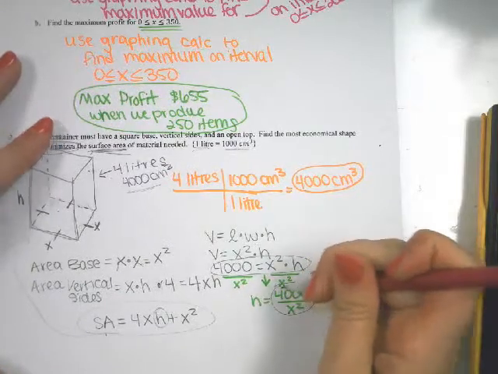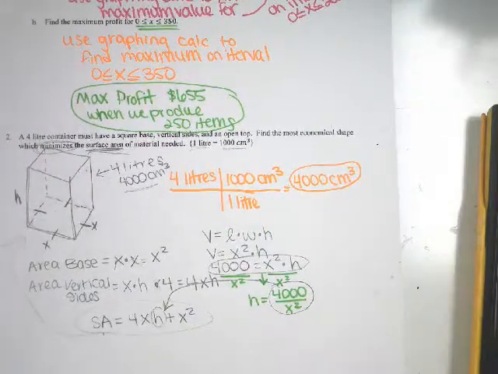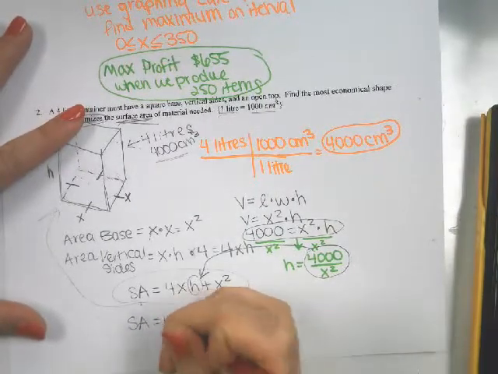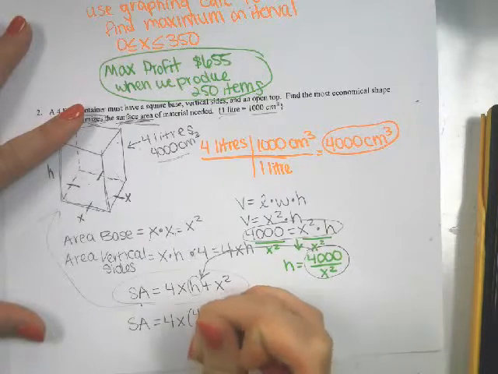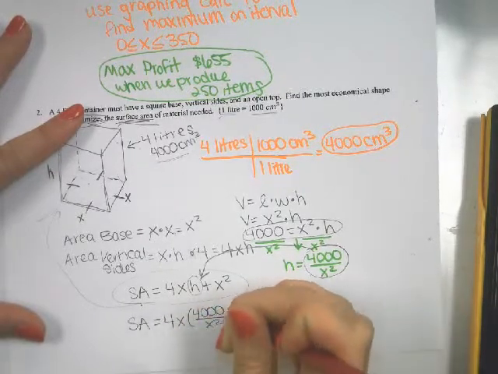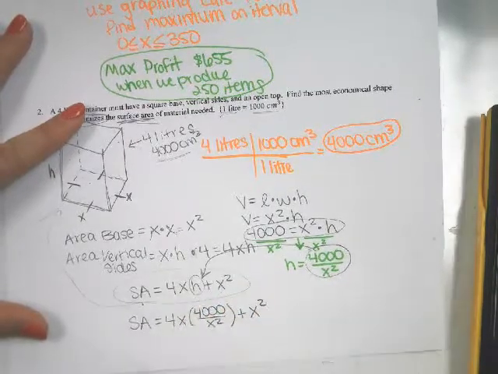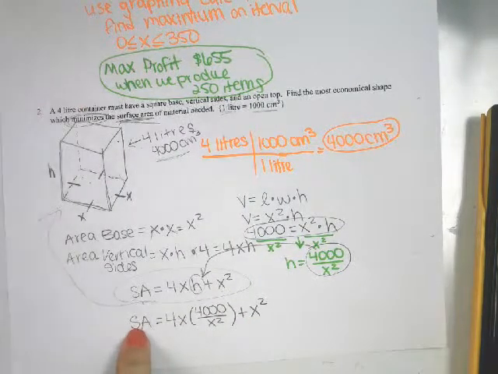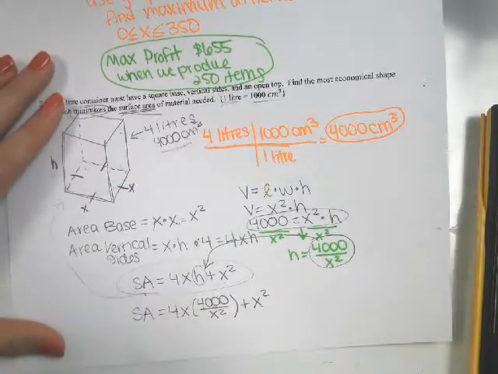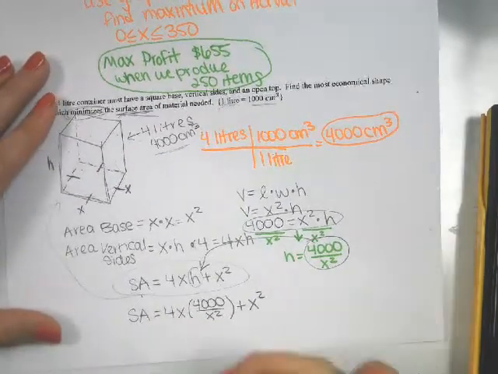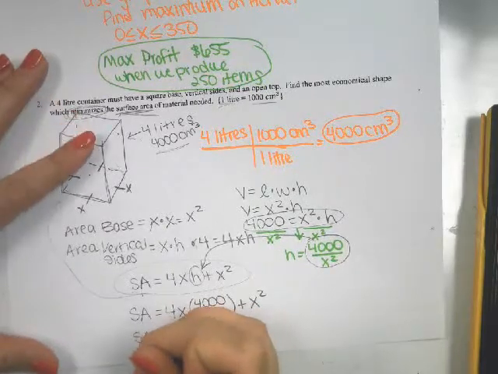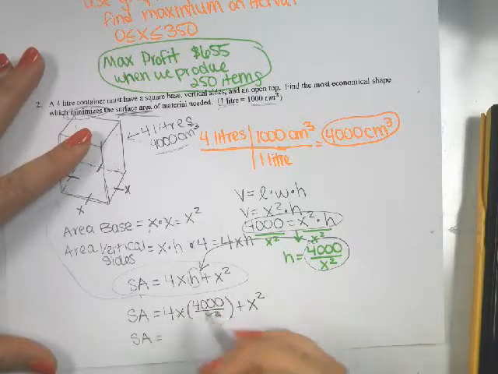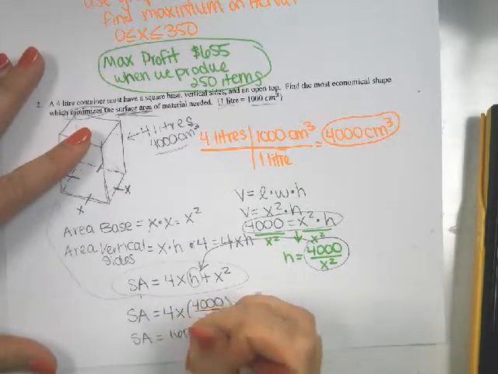Now we can plug it in: my surface area is 4x times 4,000 over x squared, plus x squared. Now we have an equation with only one variable. I'm going to simplify this a little: the x cancels with one of those, and 4 times 4,000 is 16,000.